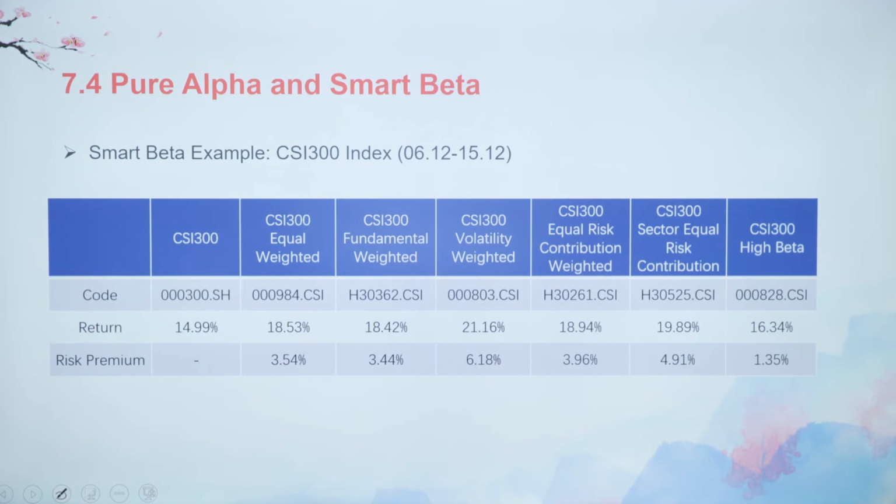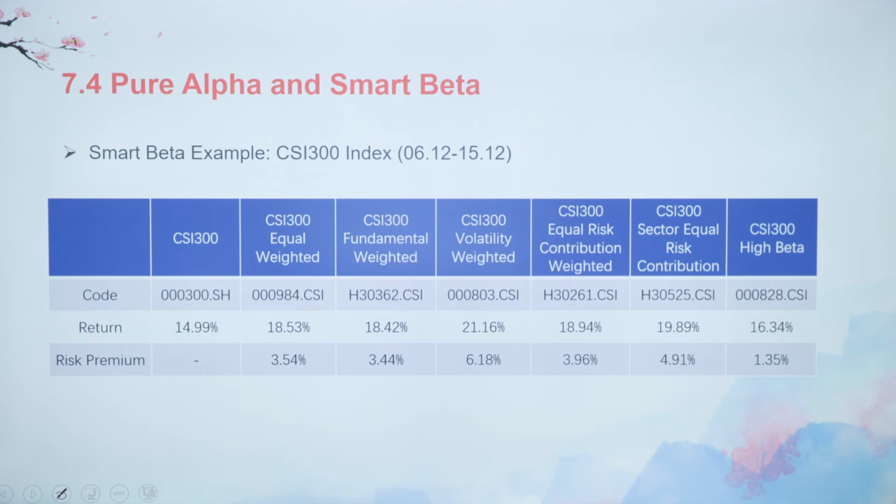So this is the CSI 300 index from December 2006 to December 2015, and all the data here. You can see the first index is CSI 300, and the annualized return from this time period is nearly 15%.